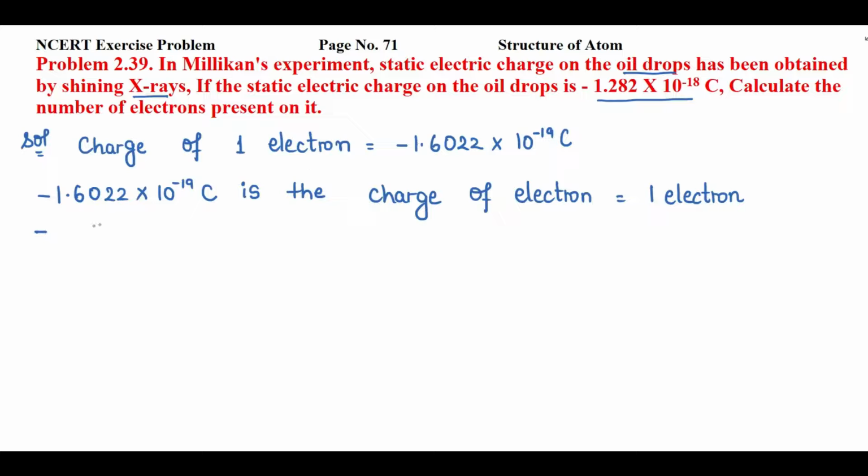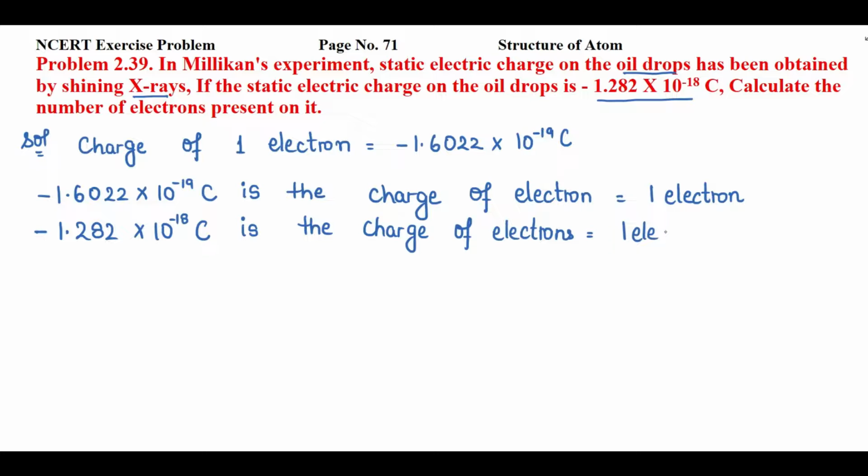Now minus 1.282 into 10 raised to power minus 18 coulomb is the charge of electrons equal to this 1 electron in numerator divided by the first value on the left side, that is minus 1.6022 into 10 raised to power minus 19 coulomb, into this second value, minus 1.282 into 10 raised to power minus 18 coulomb.